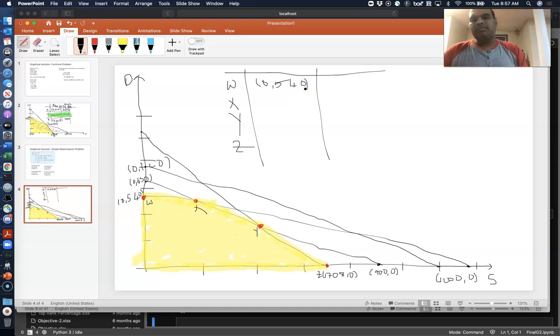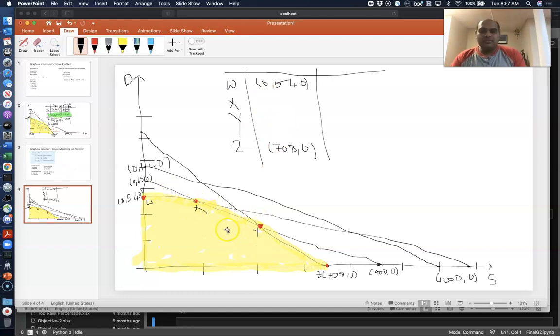So 0, 540, right? And Z is 708, 0. So we need to find points X and Y. X is the point of intersection of these two lines right here.